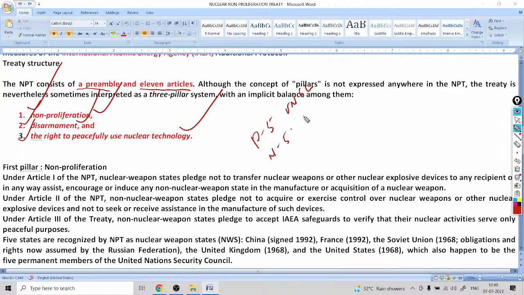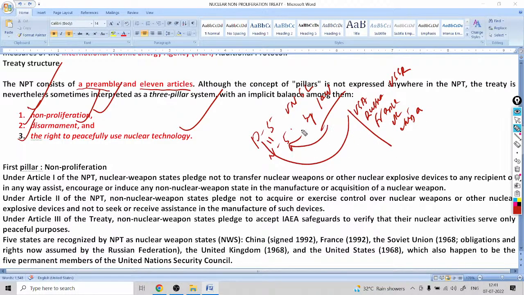Okay, so by law, the P5 is same as the N5. Here the five countries: USA, Russia, and former USSR, then France, UK, and China. These five are here. These five are also here. But the P5 are the N5. Fine.